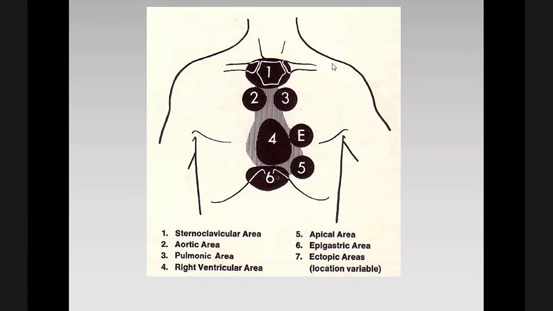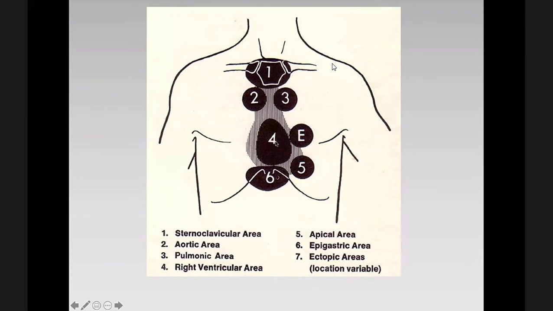So when you inspect, you look at these different areas for any pulsations or bulging, whatever. So this one is your sternoclavicular area. This is your aortic area, your pulmonic area, and this one is your right ventricular area.